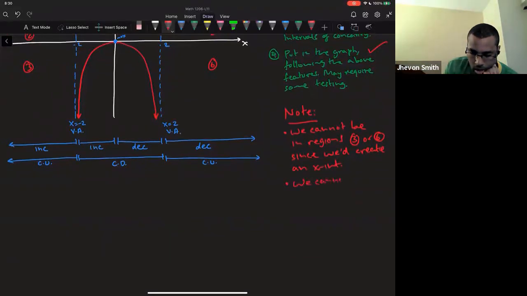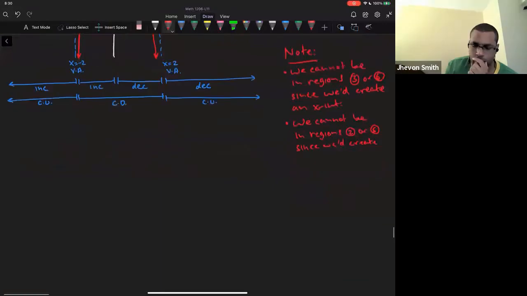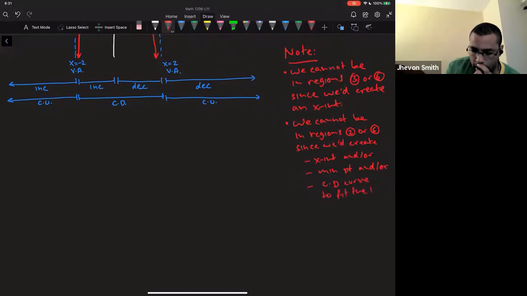We cannot be in regions 2 or 5 since we'd create an x-intercept and/or a minimum and/or a concave down curve to fit the HA.